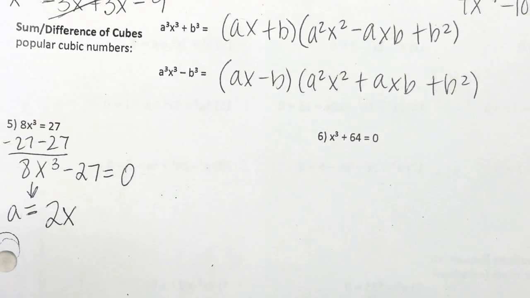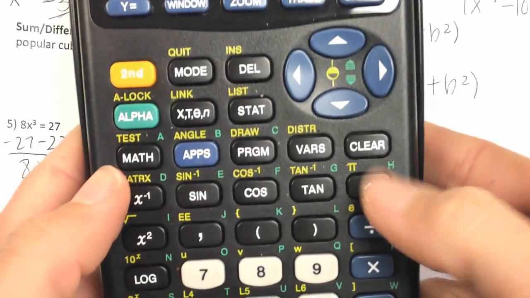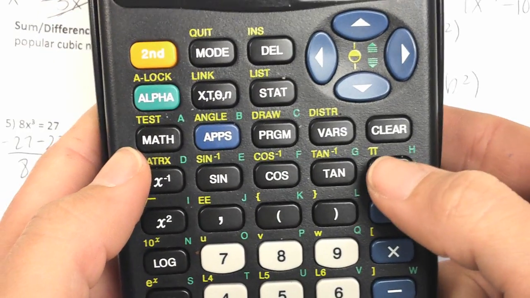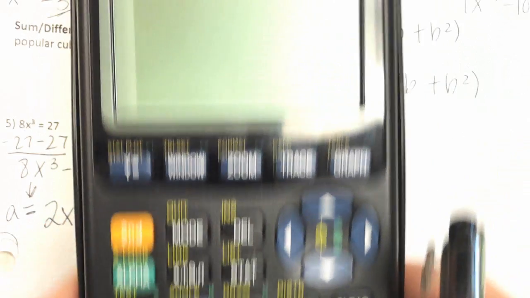Y'all got your calculators? I'll show you how to type it in your calculator and find it. You just type in 8 and then raise it, so this button, the arrow. So it should look like 8 raised to the, and then put parentheses.